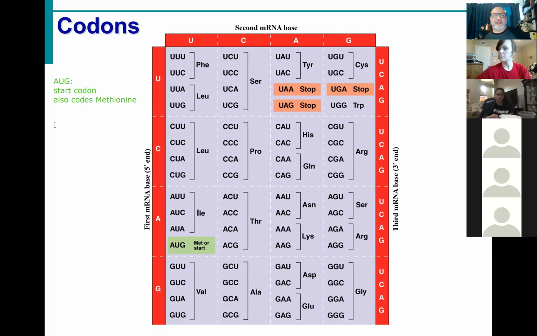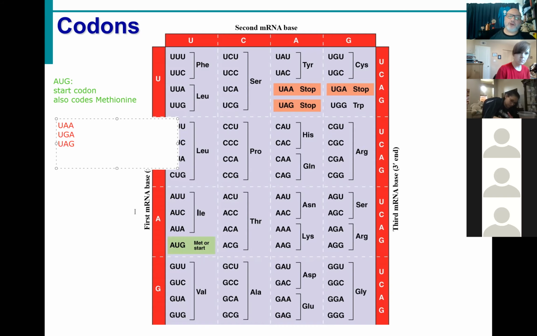What are the other 3 highlighted codons? UAA, UAG, and UGA. Sorry, I did that backwards. UAA, UGA, and UAG. Those, of course, are red, so those must be what?